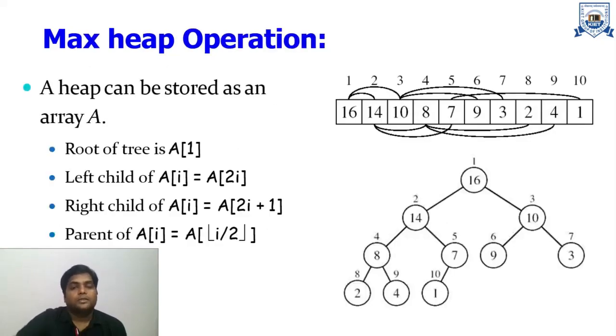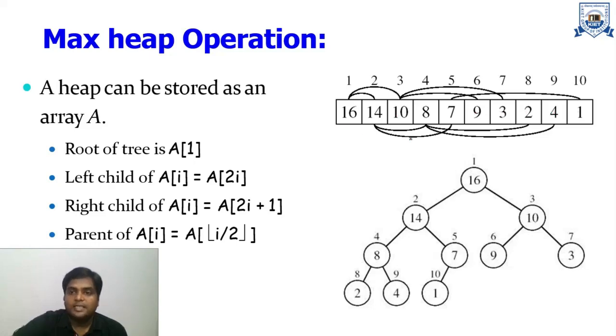Actually we want to perform heap sort, and in our heap sort process we generally use max heap properties. Let's suppose we have this array: 16, 14, 10, 8, 7, 9, 3, 2, 4, 1.